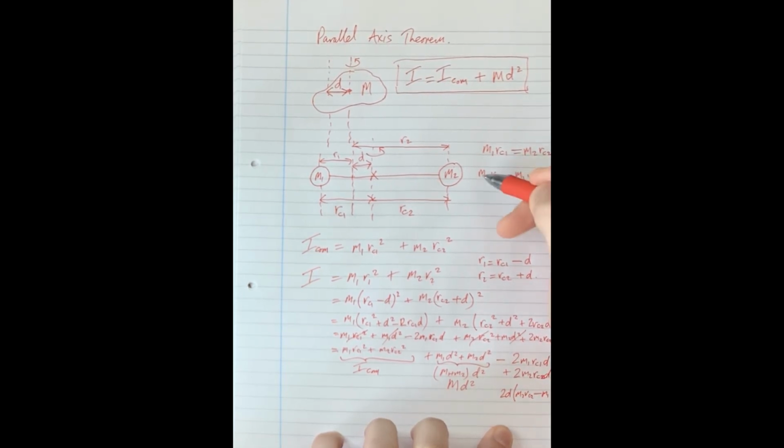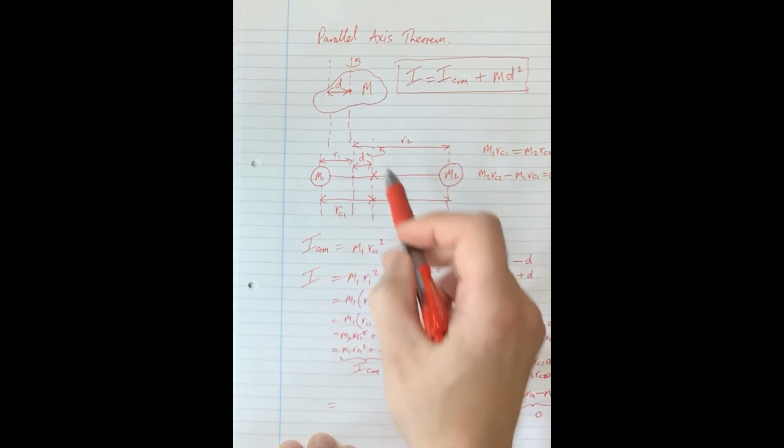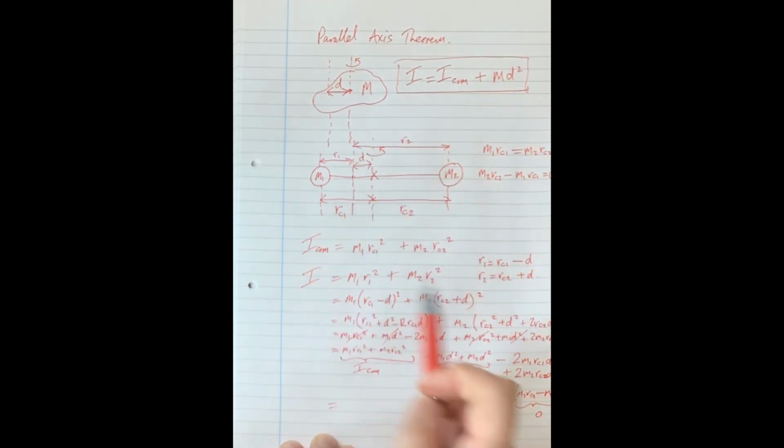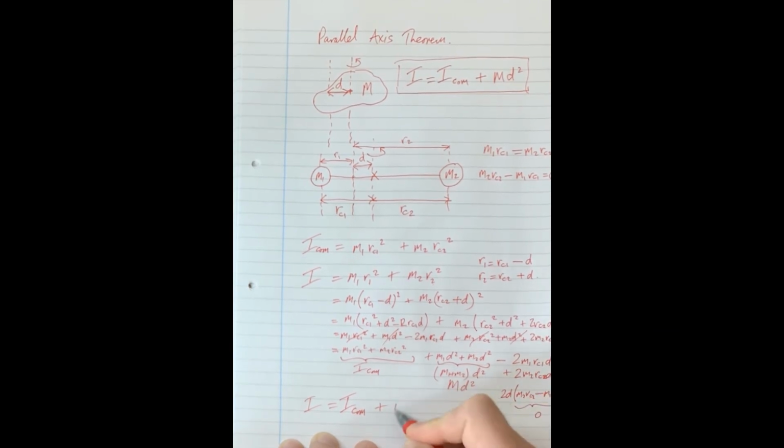And I've just said that that would give me 0. So 2d times 0 is 0. So what you're left with is the moment of inertia of this, now that it's been shifted so it rotates about a new rotational axis, is the moment of inertia initially of the object around its centre of mass, plus the mass of the object times d squared.